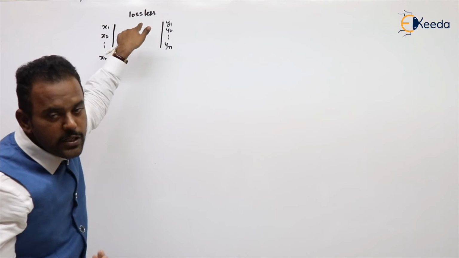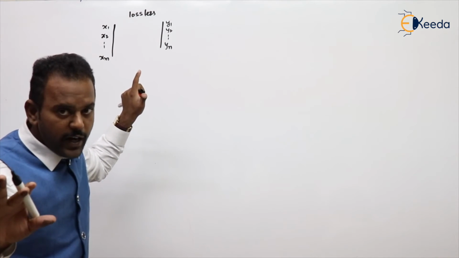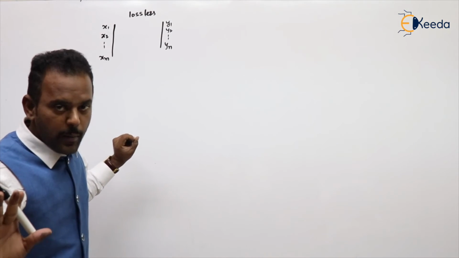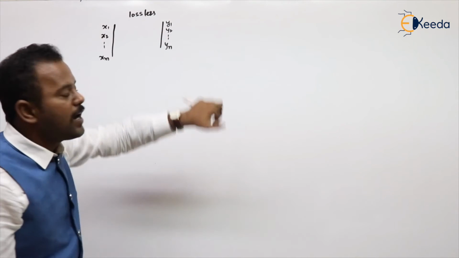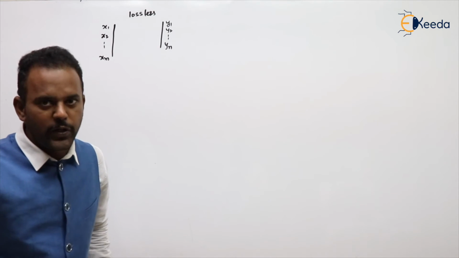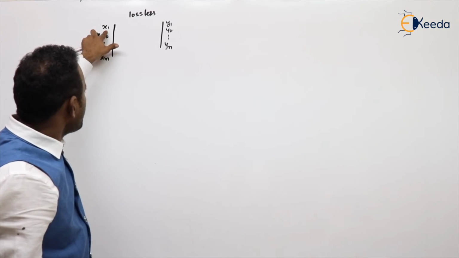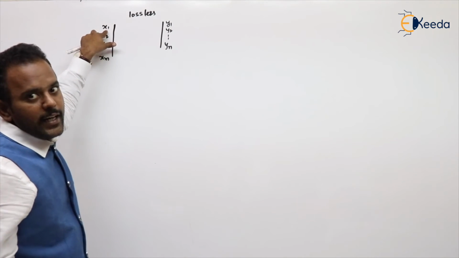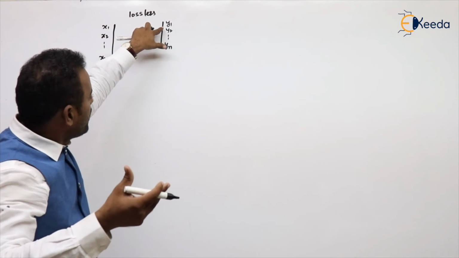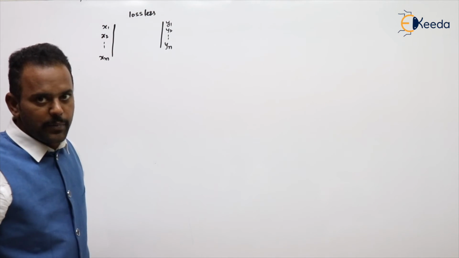But maybe it is received as y1 or y2 or y3 or yn because of added noise. That we cannot know, but definitely it will come to the output side. Definitely coming means probability is one. So that's why the summation of probability of xj by yk is nothing but 1, as I wrote previously.